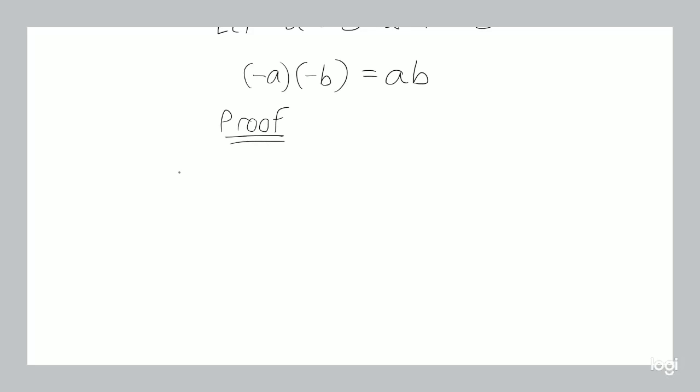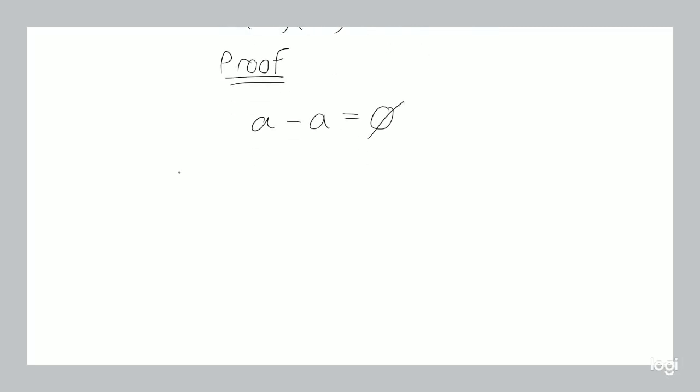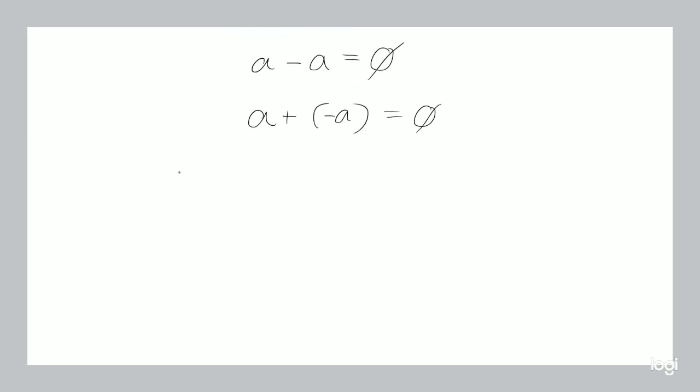We're going to start with A minus A equals 0. I think we can all agree on that. So then we'll say A plus -A equals 0. Just two different ways of writing the same thing. And now let's multiply both sides by -B.